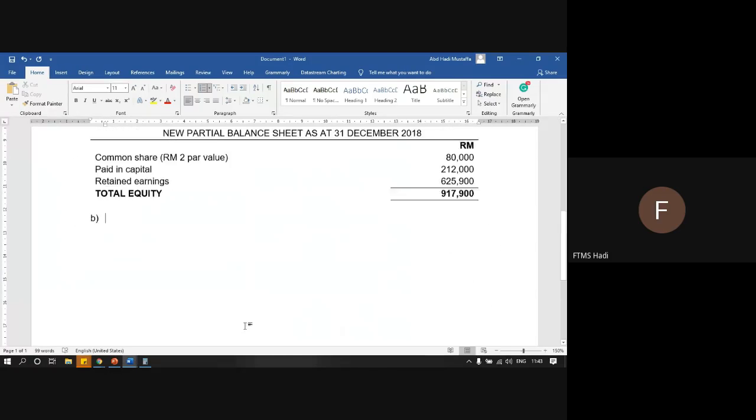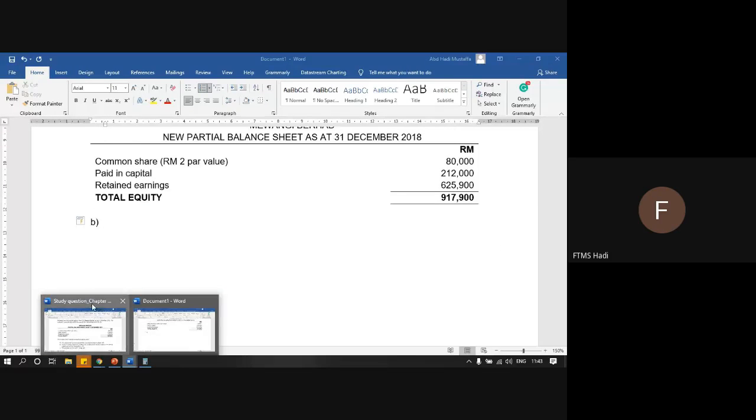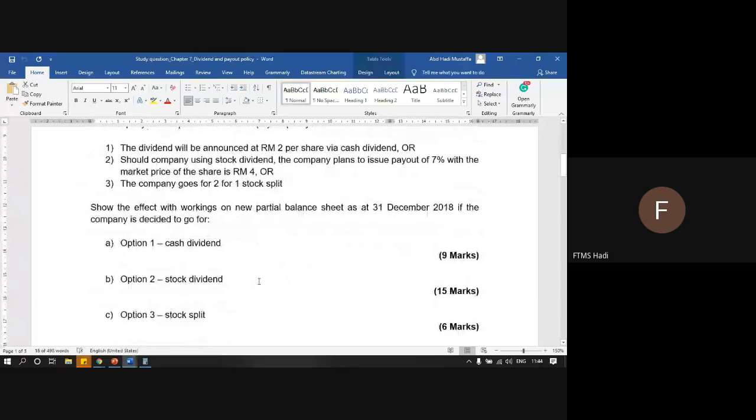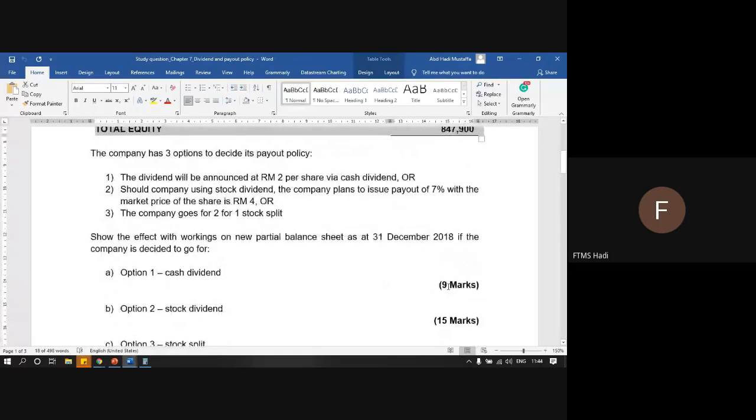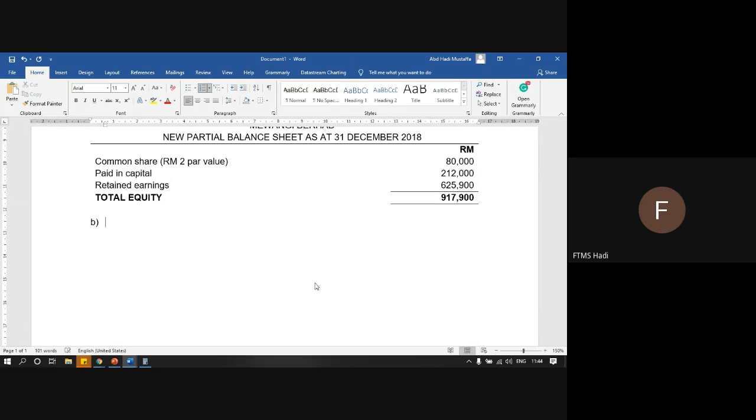All right, the second question will be on stock dividend, 15 marks. The first 9 marks. Should the company use stock dividend, the company plans to issue 7% with the market price of the share at 4 ringgit. So option 2, which is stock dividend.